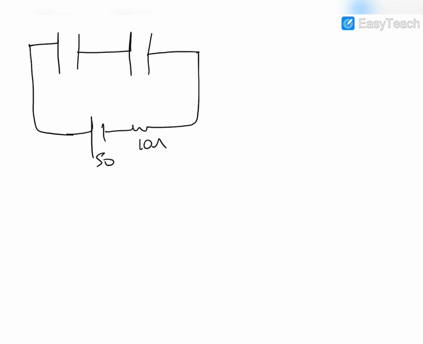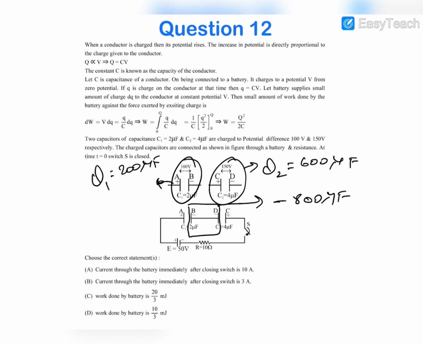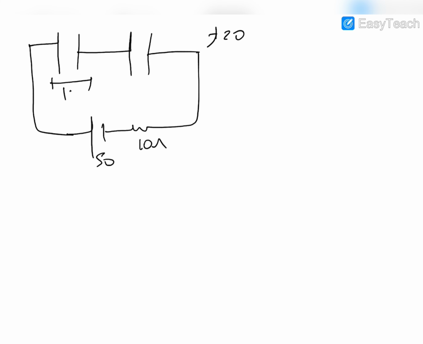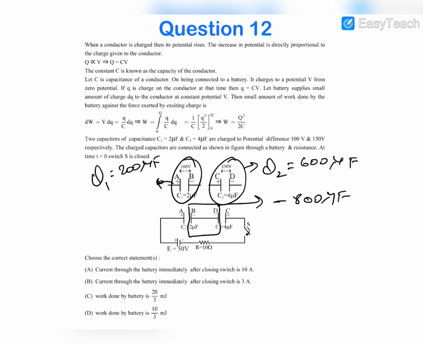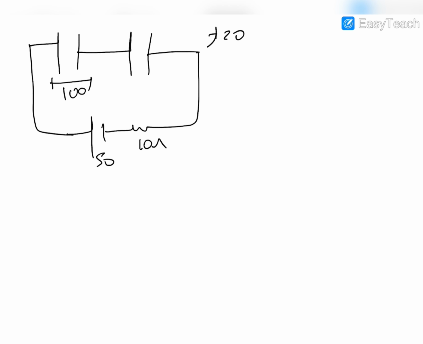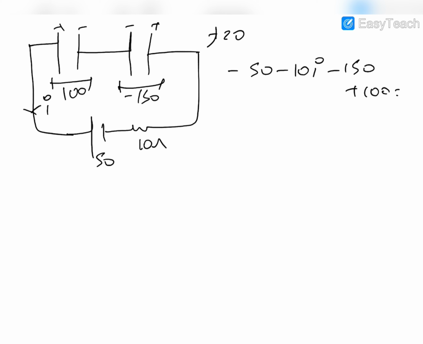At t equal to 0, just after closing the switch, the potential difference across the first capacitor is 100, and the potential difference of the second capacitor is minus 150. If we apply KVL, this is minus 50 minus 10i, and minus 150 plus 100 is equal to 0.